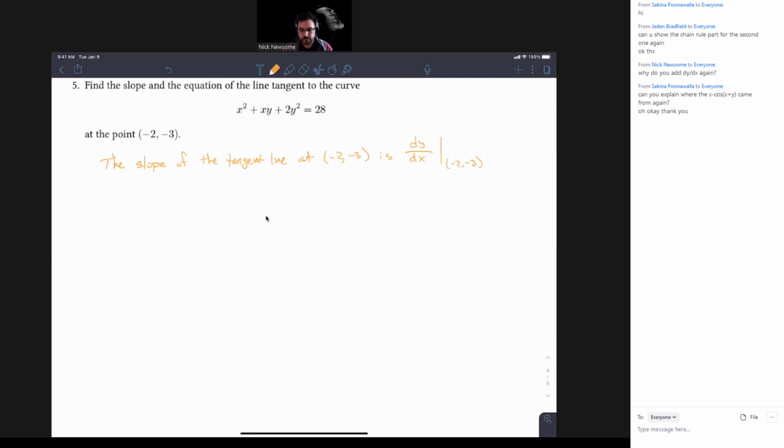All right, so I need to find dy dx, because after that, we're just trying to find the equation of a line, and for the equation of a line we just need a slope and a point. We already have a point, so really we just need the slope. Once we have that, we're good to go. So I need to find dy dx.